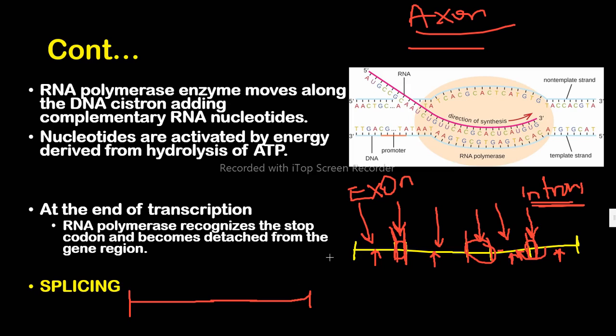Now this process of removing these non-coding regions called introns is known as splicing. And this will be the complete mRNA molecule that can now diffuse to the cytoplasm for translation. So after forming this, you have transport proteins within the nucleus, many of them.